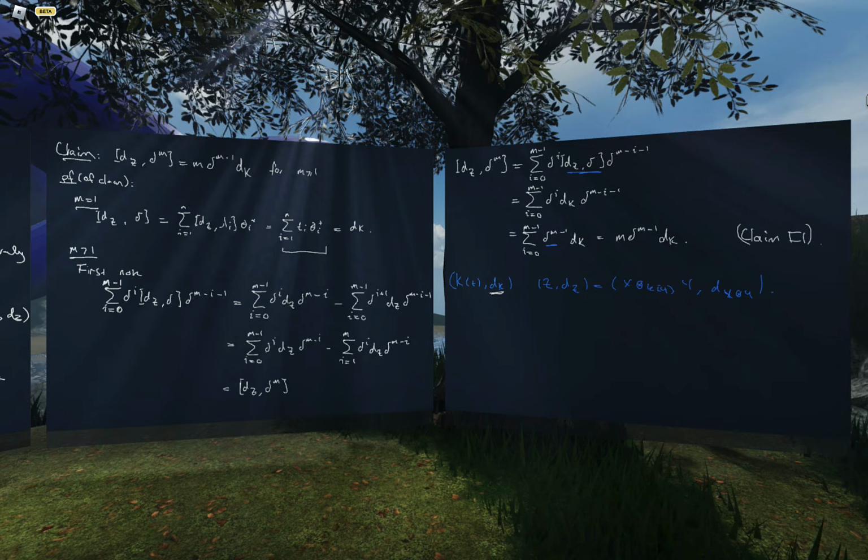So now we just compute the commutator. So at the moment we're trying to show that it's a morphism of matrix factorization. So in other words, it needs to commute with the differential.